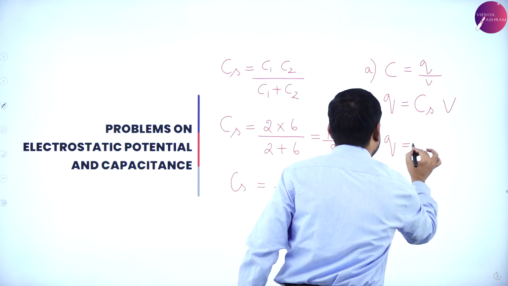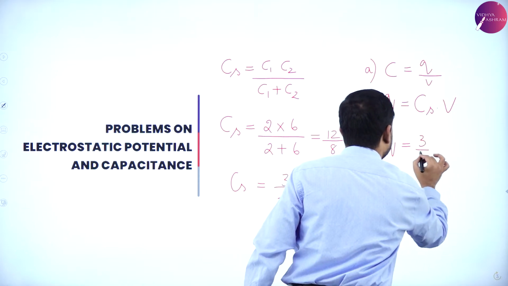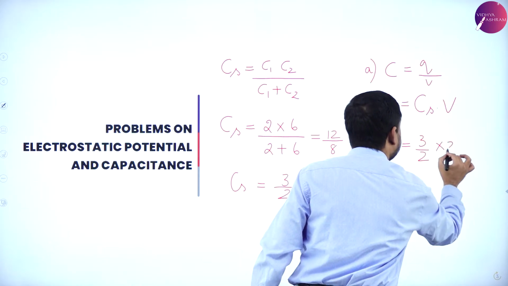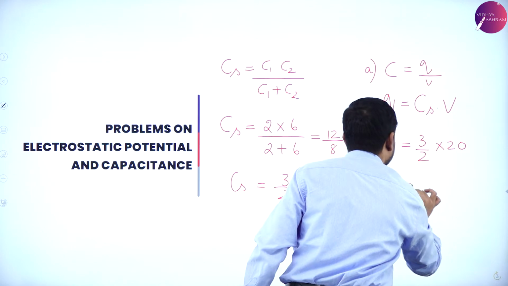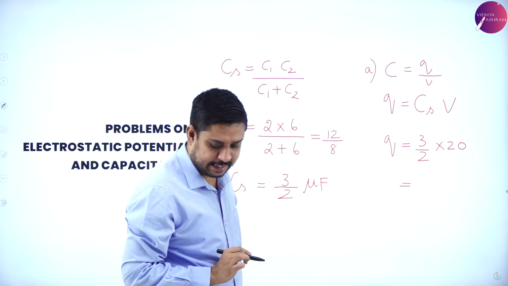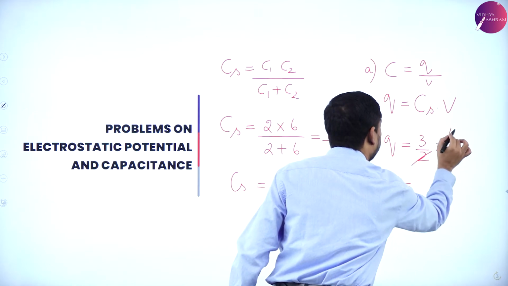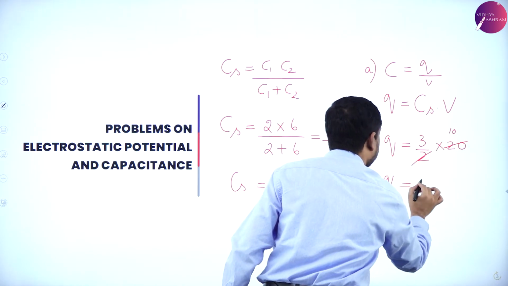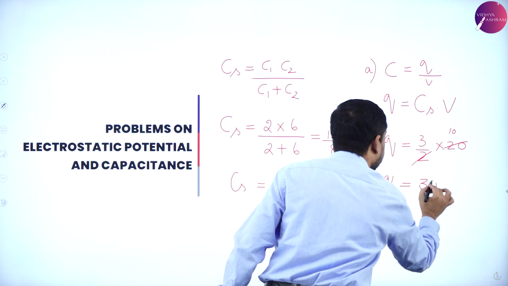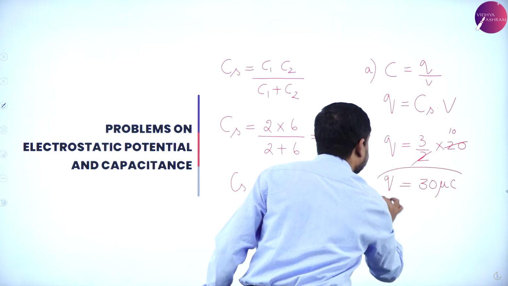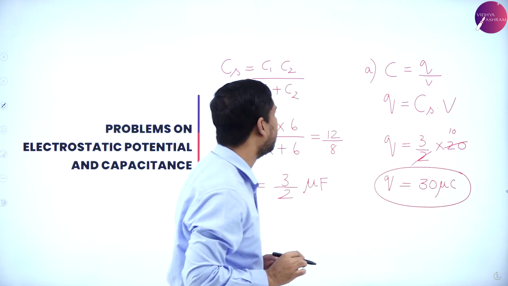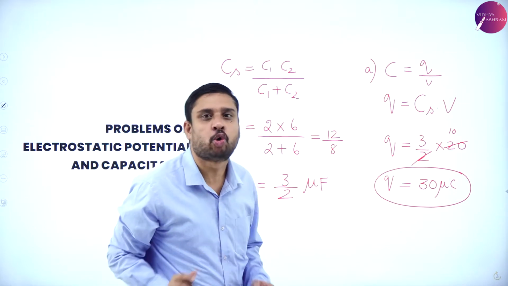So this is 3 by 2 into 20. So the answer is 30 microcoulomb. So the charge across each capacitor will be 30 microcoulomb.